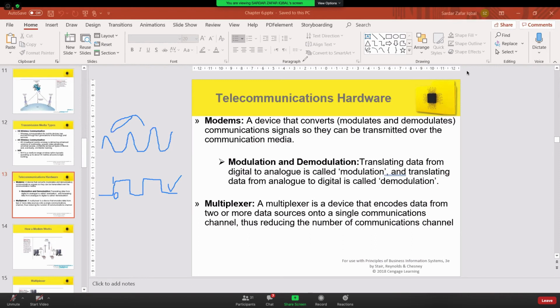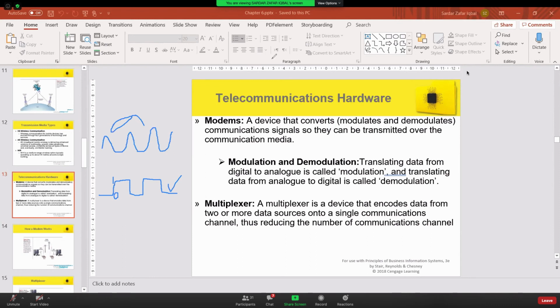Some devices cannot work with digital data, like the wires and the towers. They receive data in these analog forms, so you need converters in between so that you can pass the data through. Is that clear, guys? Yes, clear, doctor.